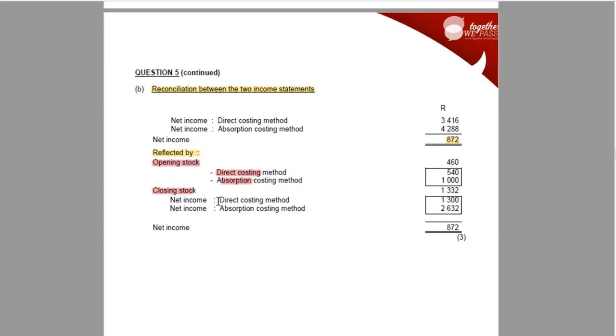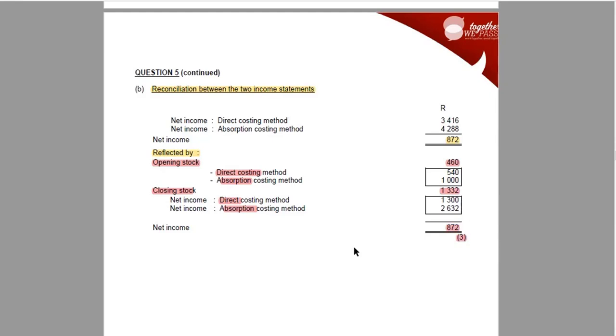You go to closing stock. My closing stock under direct costing method, it was 1.3, while my closing stock under absorption costing is 2.6. So the movement between the two is 1.3. So when you take this 1.3, you minus this 460, you get to this 872. That's how you reconcile.